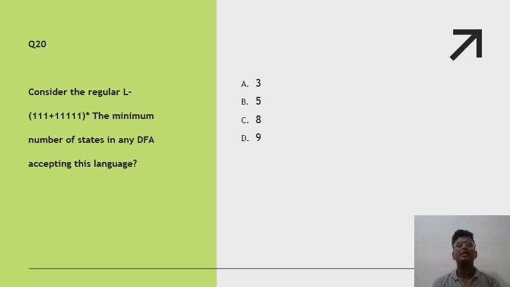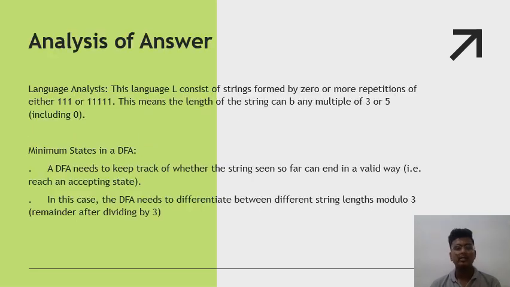So this is the 20th question of the multiple choice question series. In this we have to consider a regular language L. The minimum number of states in any DFA, deterministic finite automaton, accepting this language will be either 3, 5, 8 or 9. So let's see.